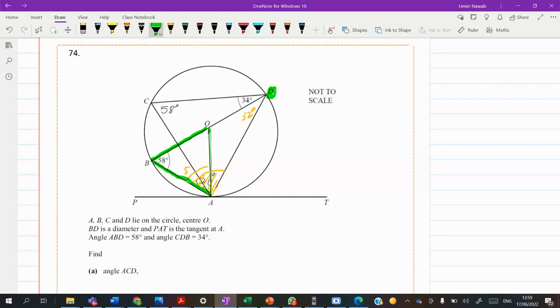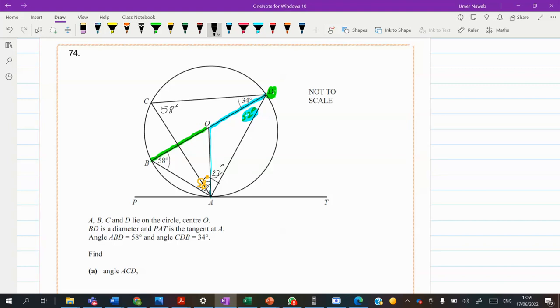So OAB is an isosceles triangle. This is 90 degrees, but I want to find this angle. So this angle has to be 58. And since this is isosceles also, this is 32. That has to be 32.